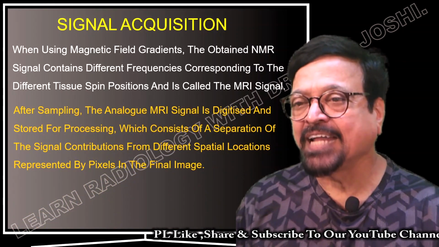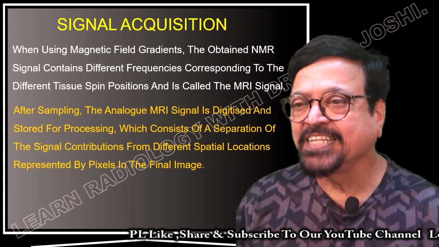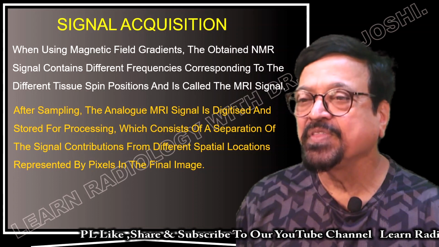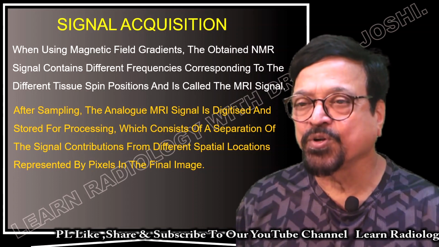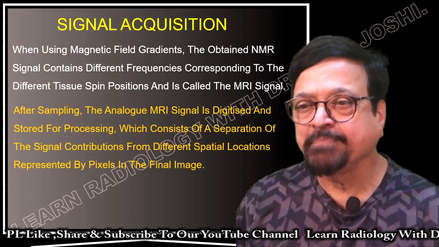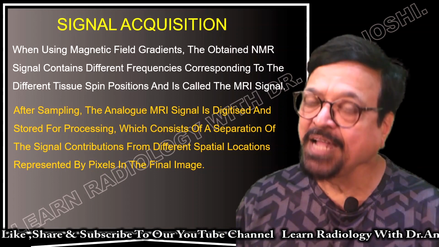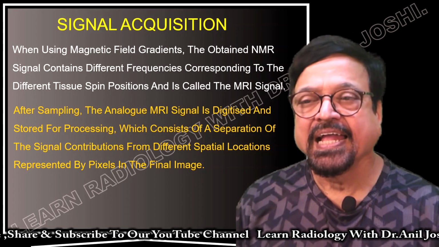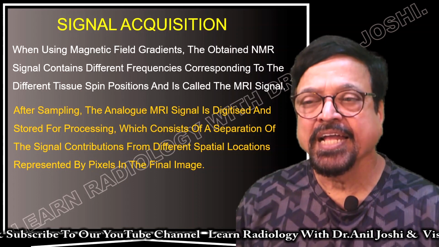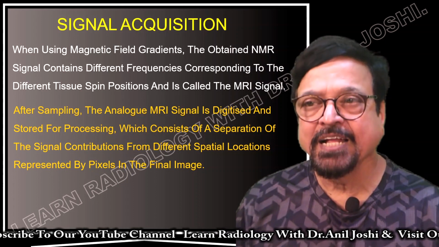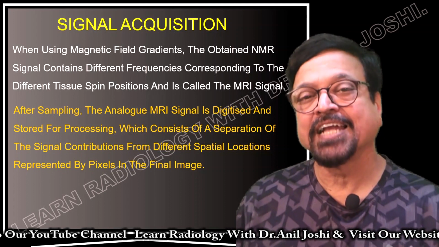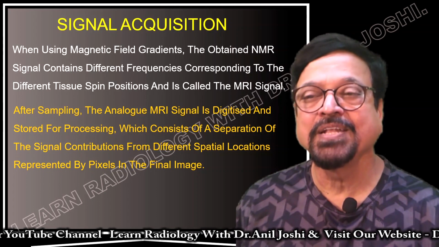After sampling, the analog MRI signal is digitalized and stored for processing, which consists of a separation of the signal contribution from the different spatial locations represented by a pixel in the final image. So, that's how a pixel of a particular tissue in a spinal image will be different, and because of that difference we get different tissue identification on the image, otherwise everything will look the same.